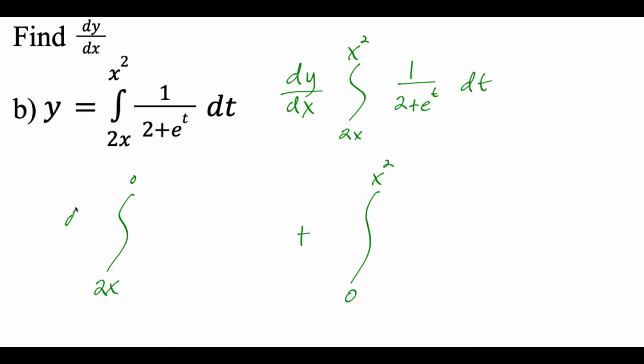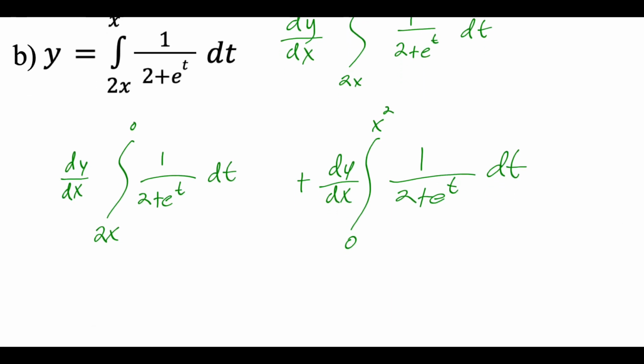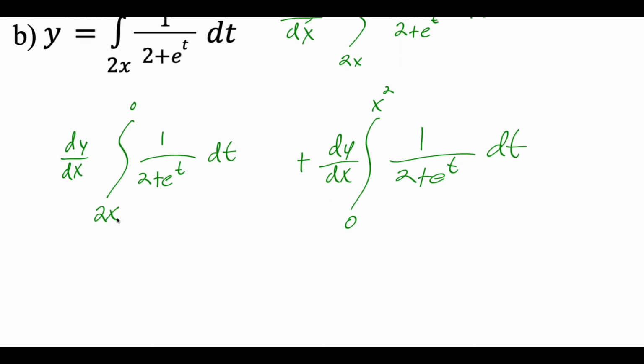So it's going to be the derivative of our integral going from 2x to 0 of that 1 over 2 plus e to the t dt, plus that derivative dy/dx of the 1 over 2 plus e to the t dt, but now we're going from 0 to x squared. Now again, we want our lower limit to be the number and our upper limit to be the variable. So this first one, I'm actually going to have to flip those upper and lower limits around.